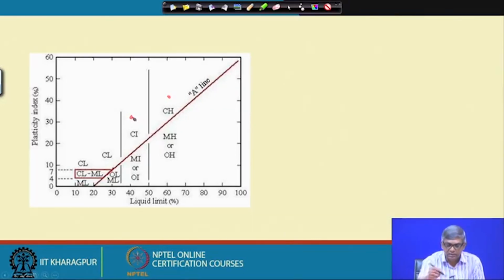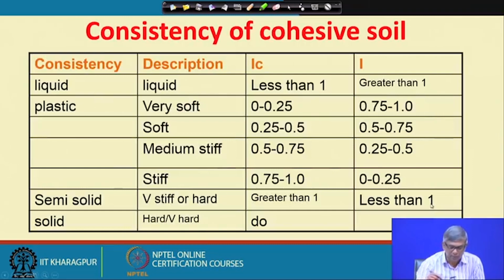This is the classification chart. And now, if I want to see the consistency, then I can show you the next table. This is the table, you can see when I have got the value 0.58 for soil A, it means it is in this range.